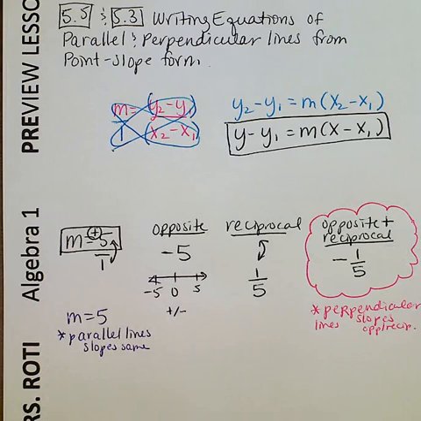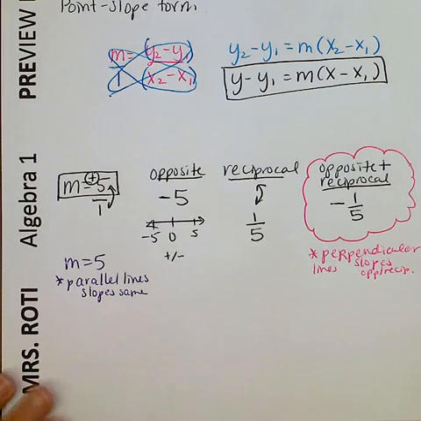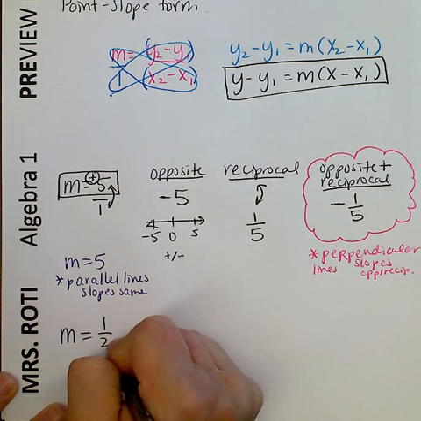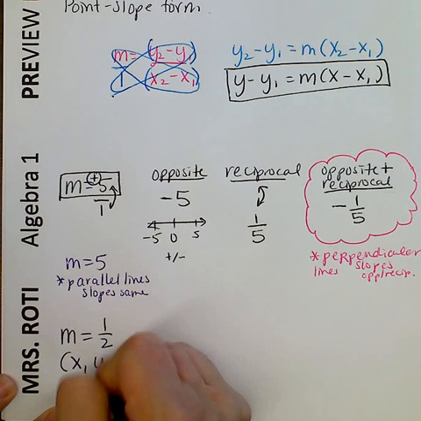What you're going to learn in this section is that we're going to be given or be able to calculate a slope, and be given some kind of point.